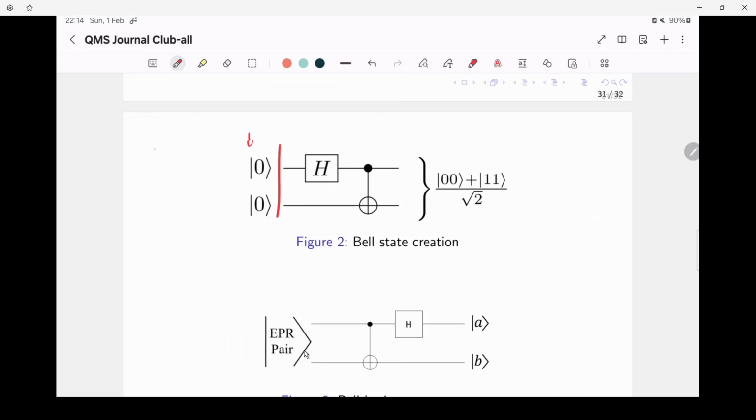So let's say you have something like this. What we are writing is actually the 0,0 state, or what we call the tensor product state.